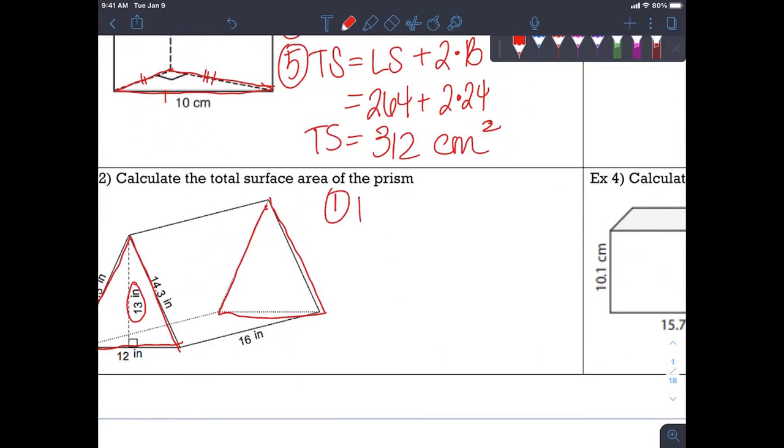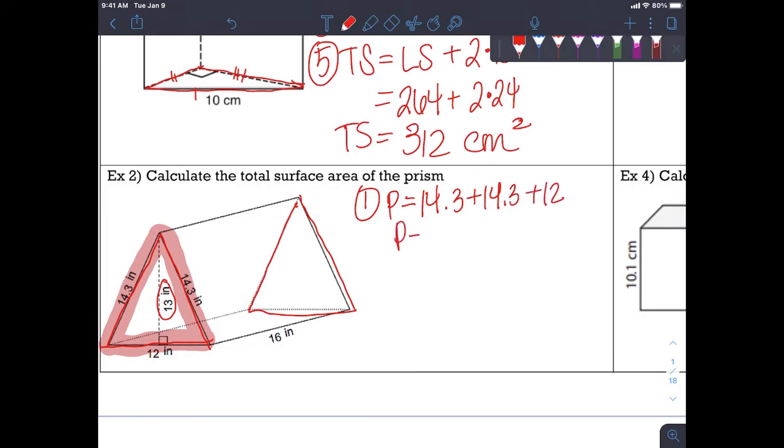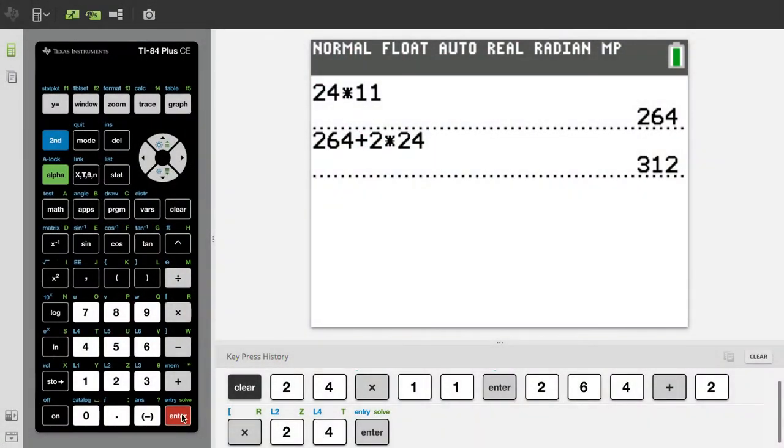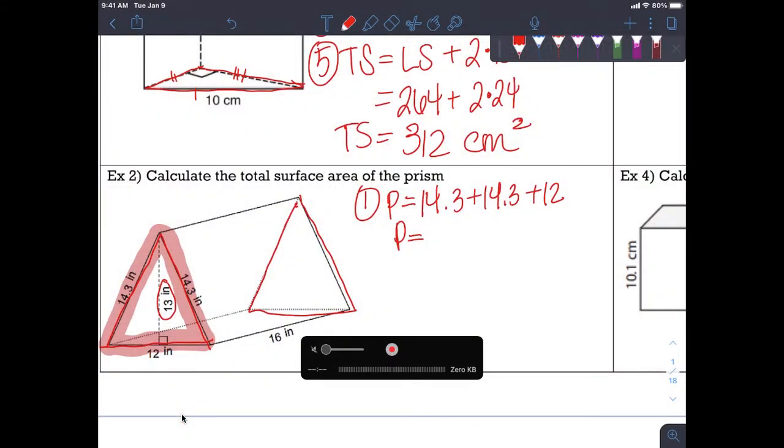First step, I'm going to find the perimeter of my base. So I'm going to trace all along here. 14.3 plus 14.3 plus 12. I'll drop those into my calculator, and I get 40.6.